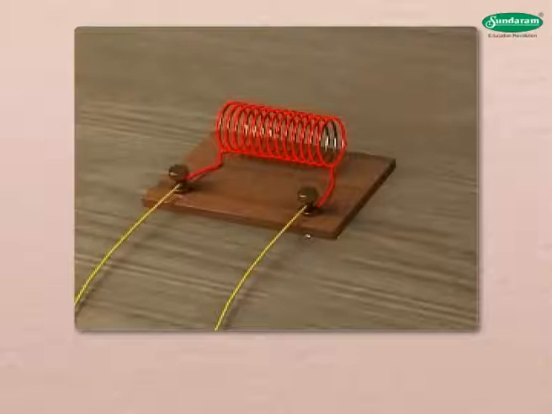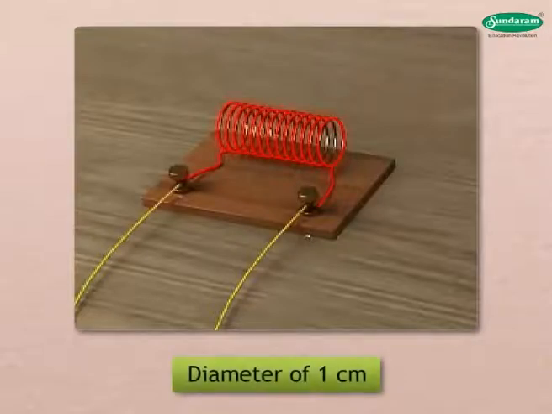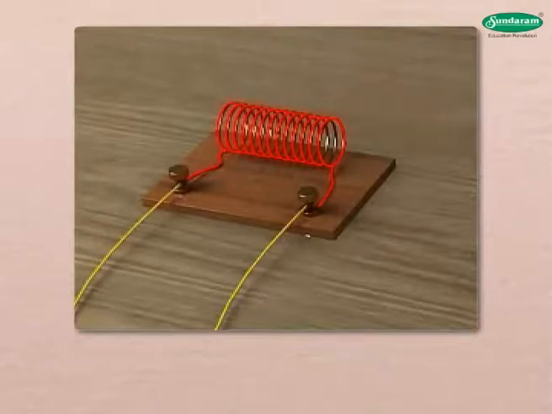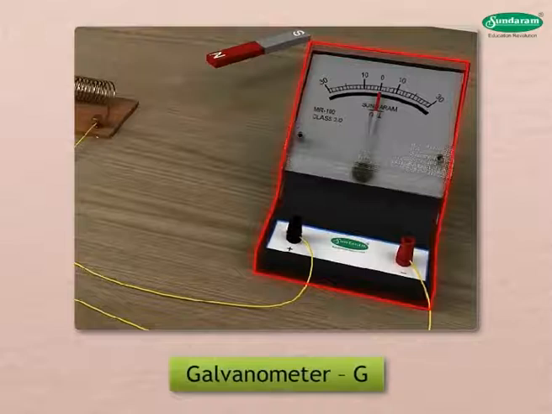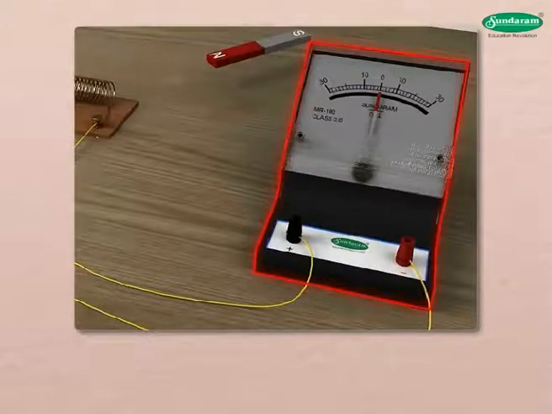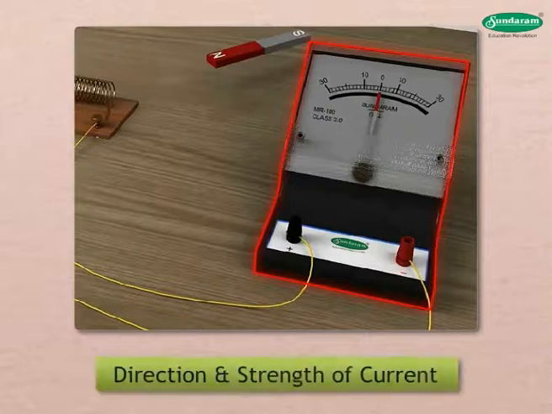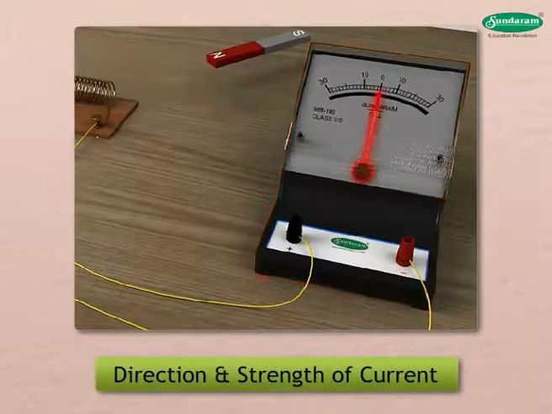The coil was closely wound with a diameter of 1 centimeter and with as many turns of wire as possible. Now, the ends of the wire were connected to a galvanometer G. A galvanometer is a device that shows us both the direction and strength of current through deflection of the needle.